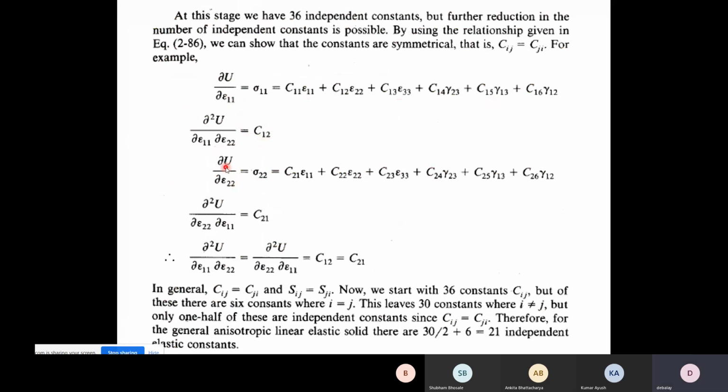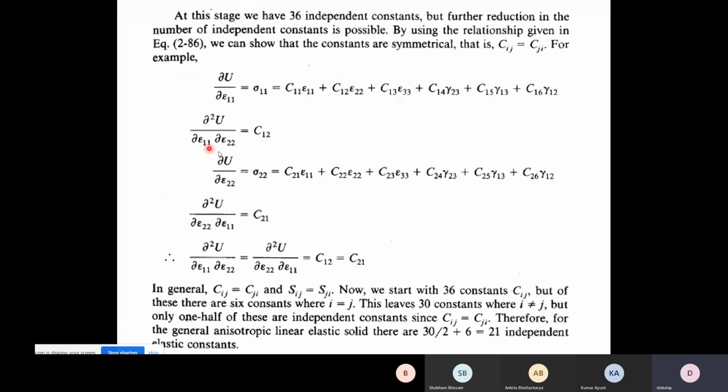Similarly, if you do del U by del epsilon 2, the derivative with respect to epsilon 2 in place of epsilon 1, then you get sigma 2. You expand sigma 2 in the form of strain components and stiffness constants, and take a double derivative with respect to epsilon 1.